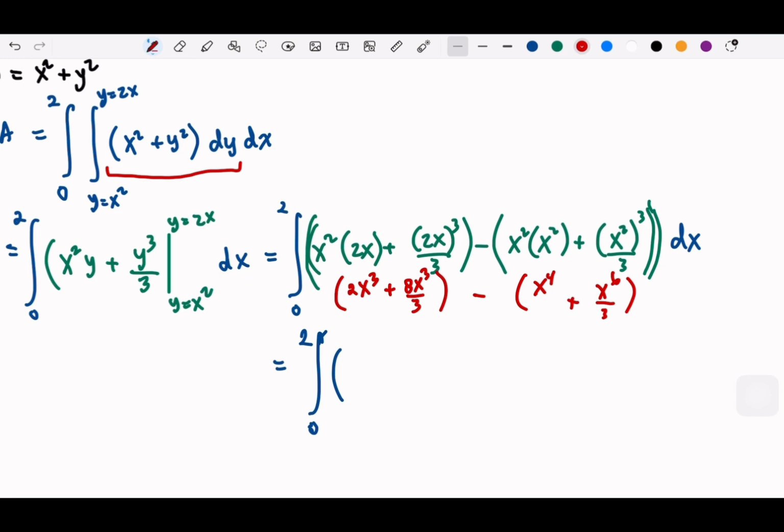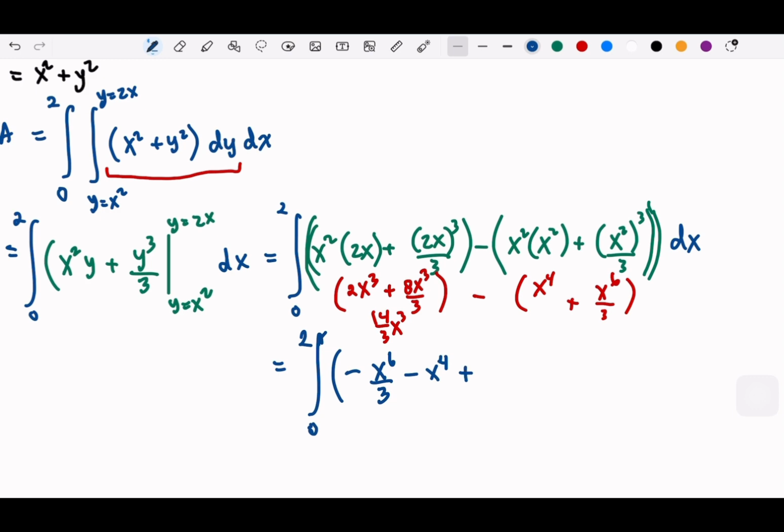Okay, we can have this become 14 over 3 x cubed, and then the rest will be as it is. So we can write this is negative x to the power of 6 over 3 minus x to the power of 4, and then plus 14 over 3 x cubed dx.